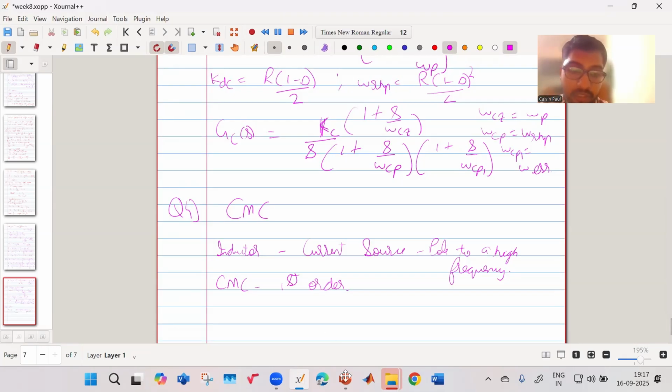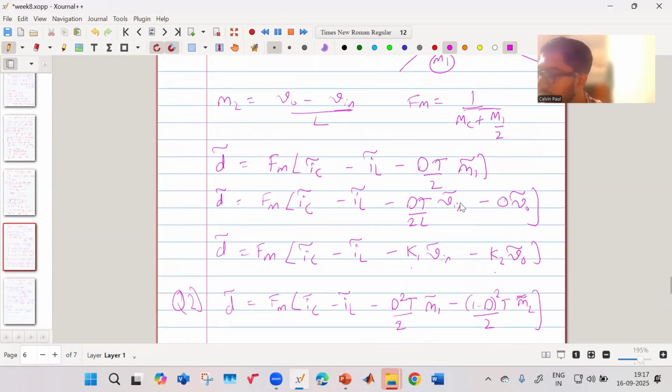Then what else was there? Okay, current mode control, if you will see this expression over here, it is dt upon 2L. And this, if you calculate, it will be very small. It will have negligible effect.